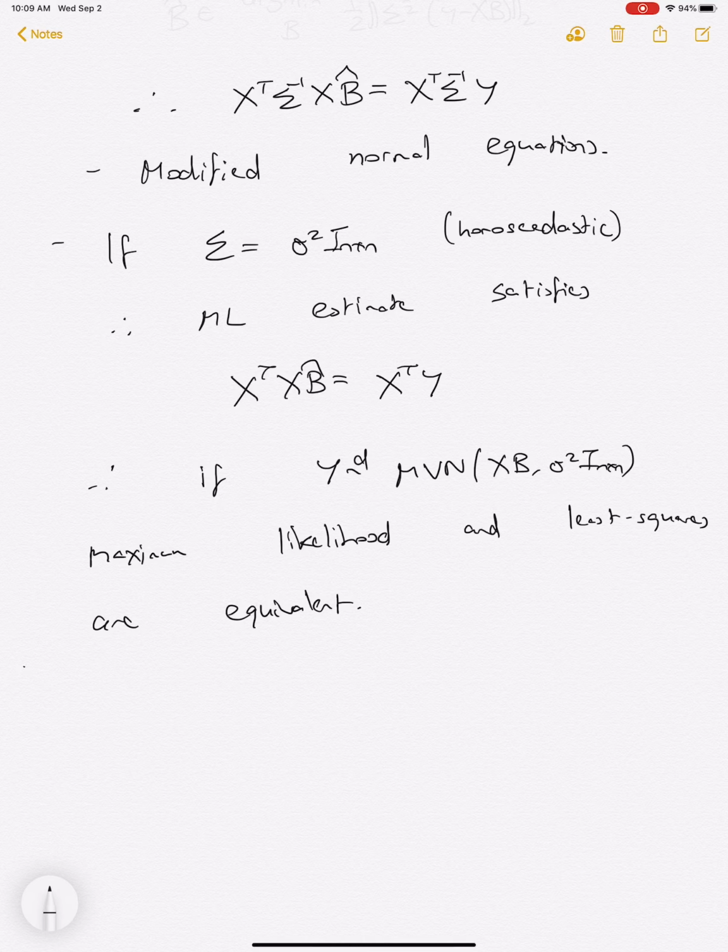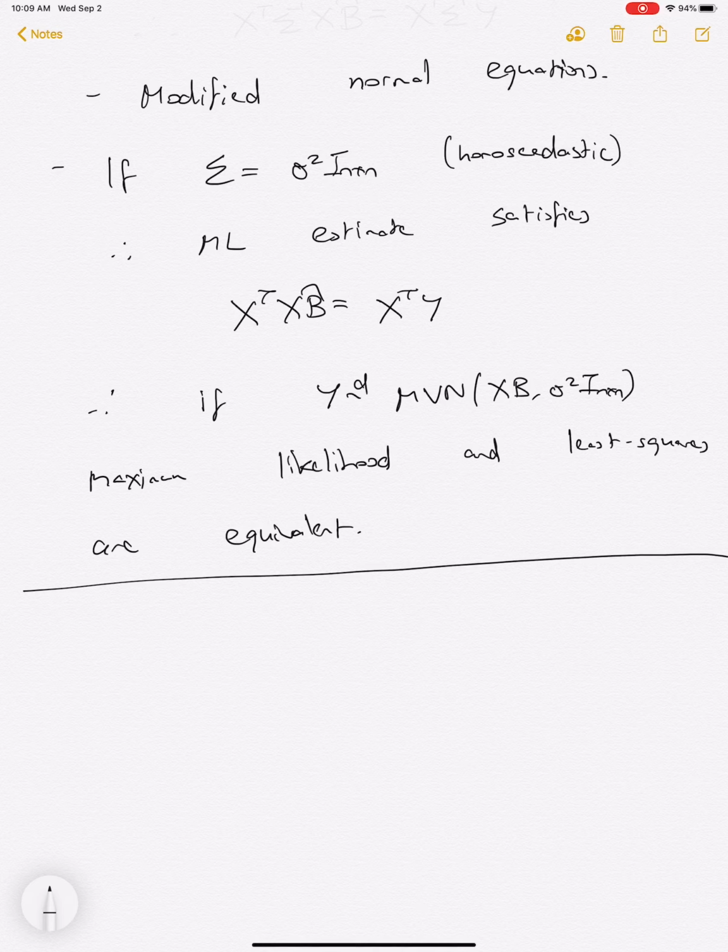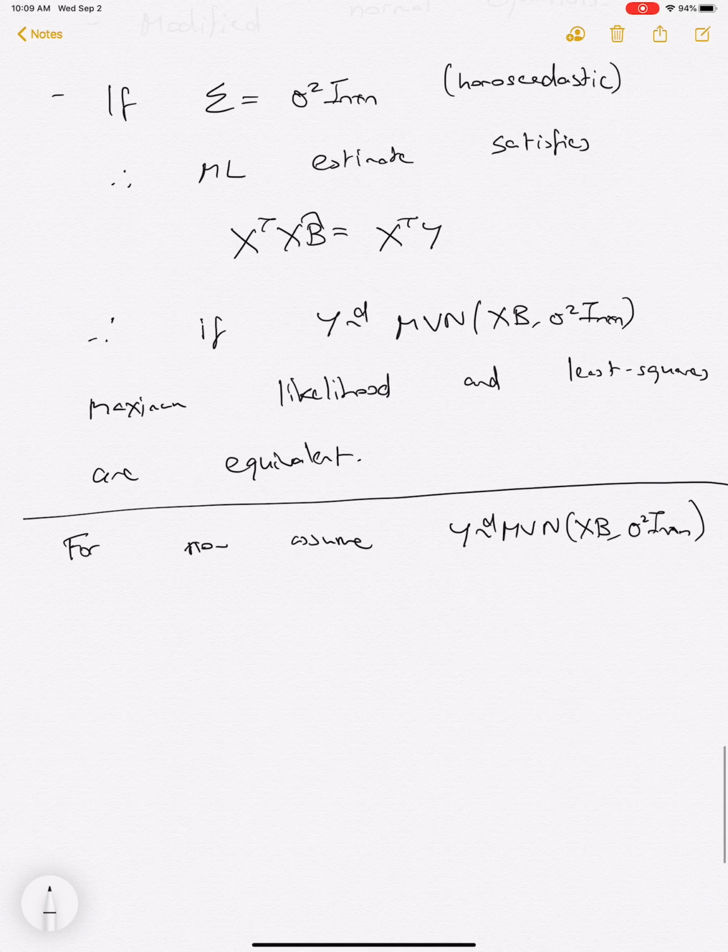Okay, so for now, we're going to assume that y given Xb is multivariate normal with mean of Xb and covariance of sigma squared I n by n.